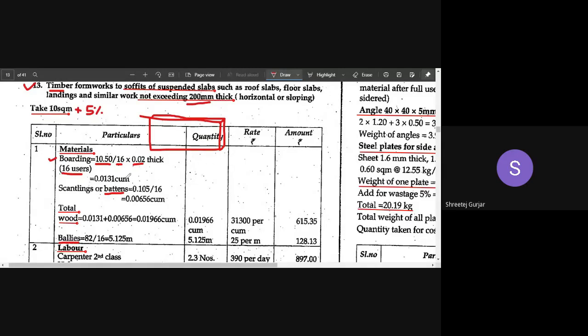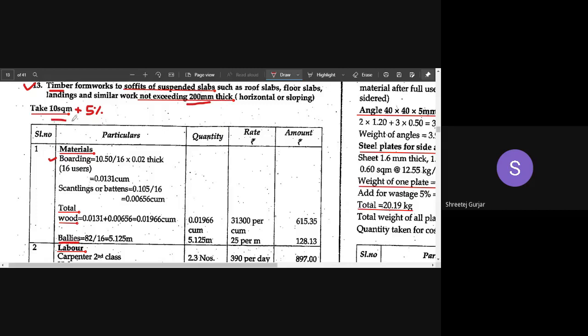Every time, remember, you have to divide by 16. Whenever you are dealing with steel, you have to divide by 40, but here, since we are using timber, you have to divide by 16. Every quantity we have to divide by 16. Do not forget. Now, for board, we know it is 10.5.